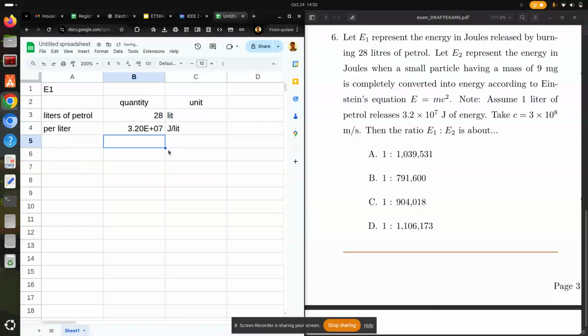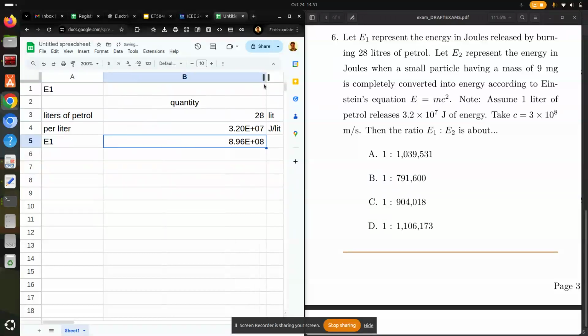Now what is next? Obviously, E1 equals energy multiplied, right? So I'm getting some number like this. Here you can only see a few digits, 8.96 E plus 08. How do I see more digits? It is already in this kind of notation.